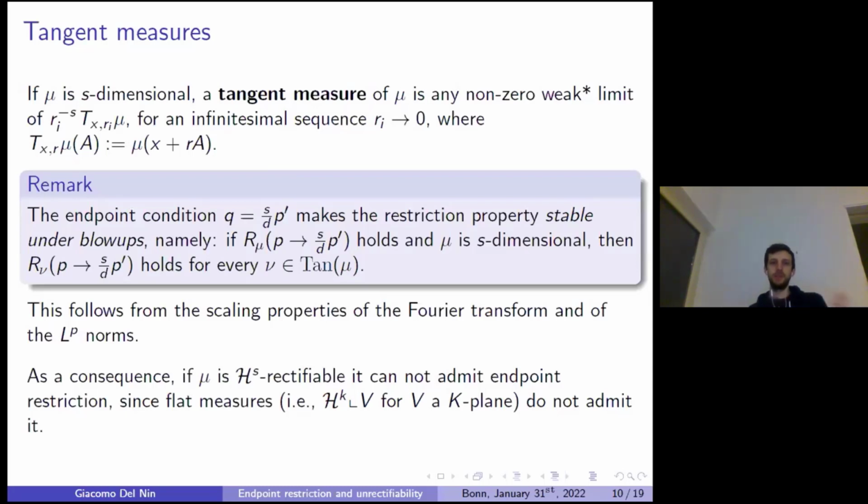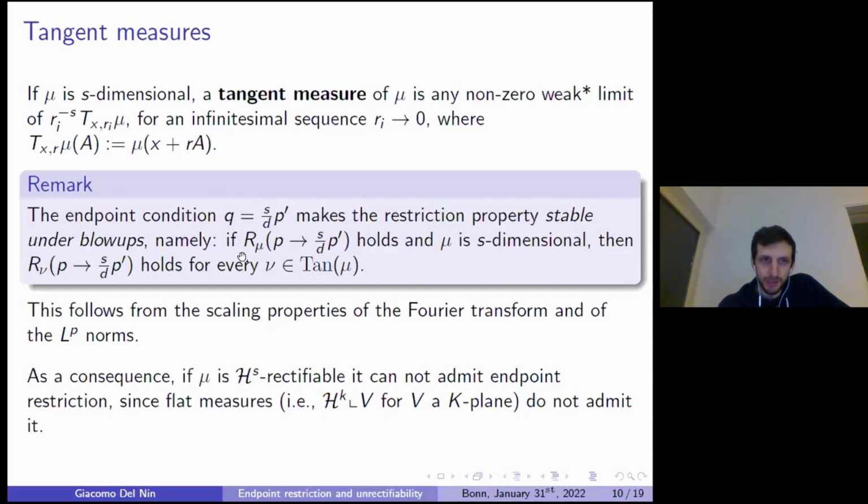This is because exactly in this endpoint condition, the restriction is stable under blowups, so it passes to tangent measures. What I mean is that if we start from a measure mu that satisfies the restriction for the endpoint exponent, then any tangent measure will satisfy it as well with the same exponents. And this follows from a simple scaling of the Fourier transform and of the L^p norms.